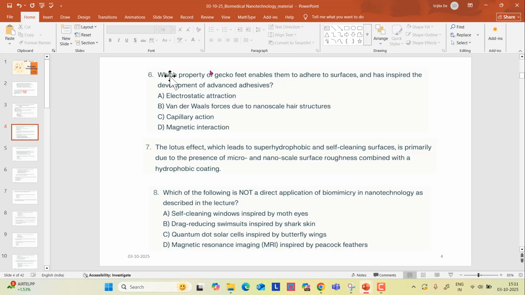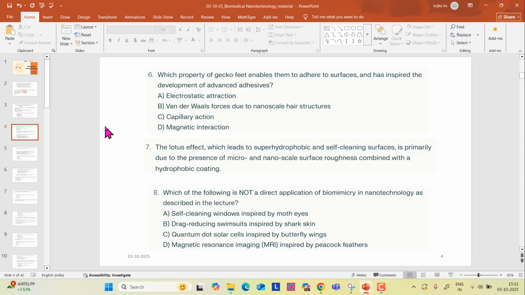Next, which property of gecko feet enables them to adhere to surfaces and has inspired the development of advanced adhesives? Capillary action.